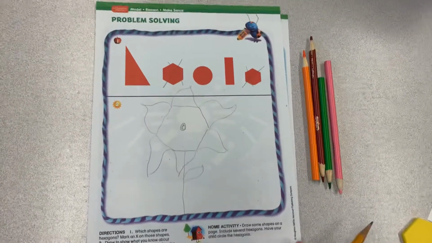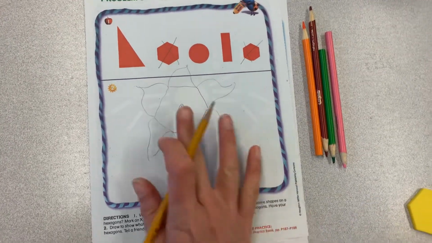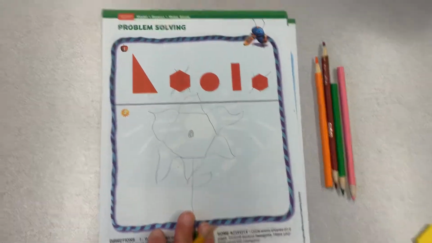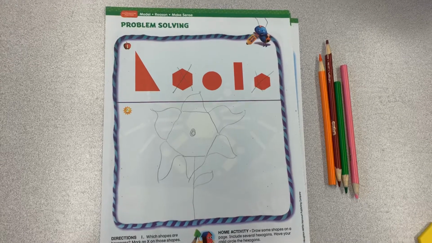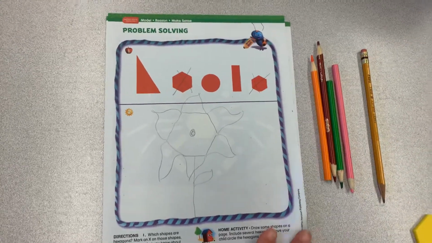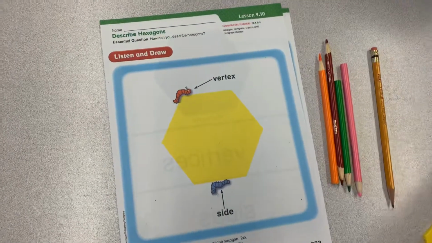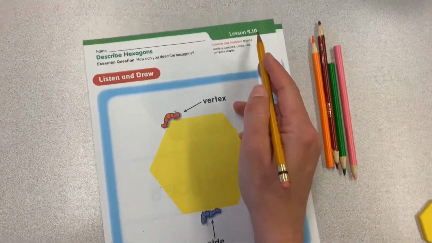You could also make it into a sign or a sun. You decide. Make sure you do your drawing and your coloring. Pause your video here and do your drawing. All right, if you are done with your drawing, friends, let's move on to lesson 9.10.